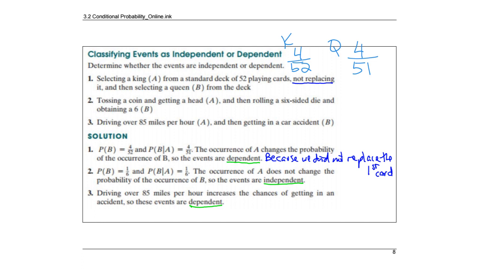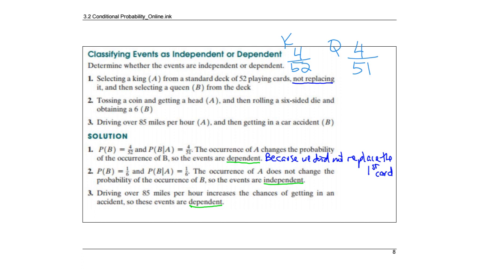So these are dependent, right? The picking the queen is dependent on that king that we did not put back in. Okay, the second one is tossing a coin and getting a head, and then rolling a 6-sided die and obtaining a 6. Okay, well, those have nothing to do with each other.